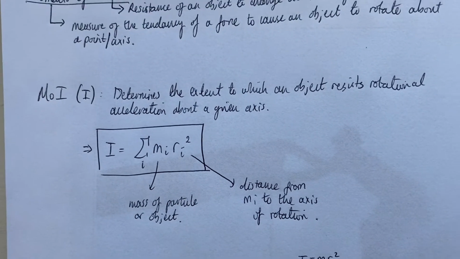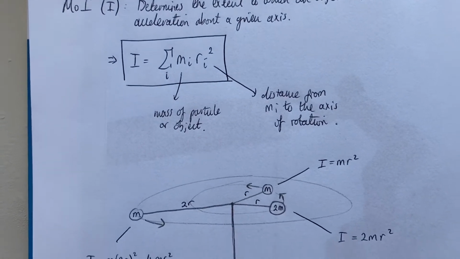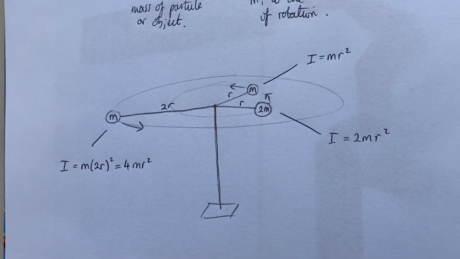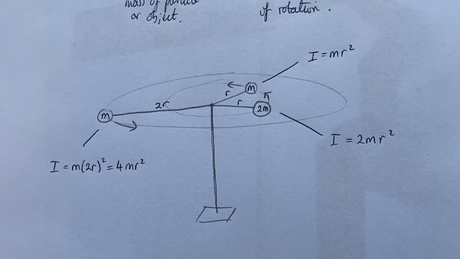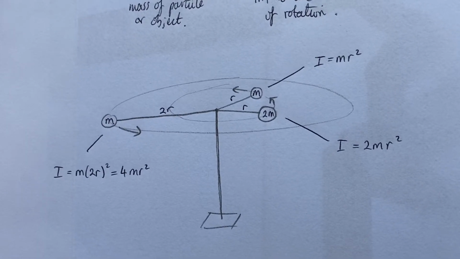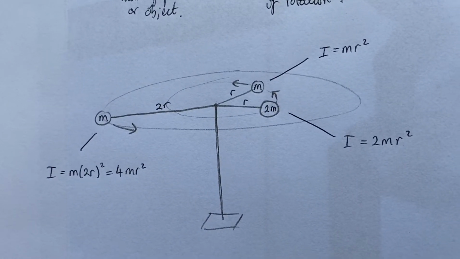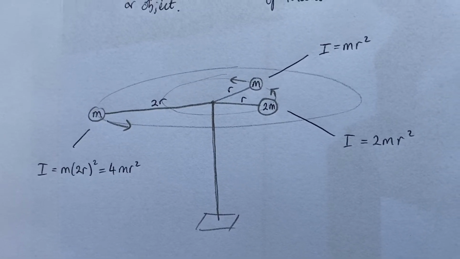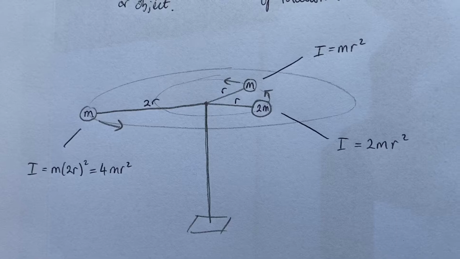So a very easy example to think of when looking at moments of inertia is this swing ball, or as you guys would call it, tether ball example, where you have a ball rotating around some pole, and if we consider each of these balls as just a point mass rotating about this central axis, we can look at the effect that changing the mass and the radius of the rotation has on the total moment of inertia.